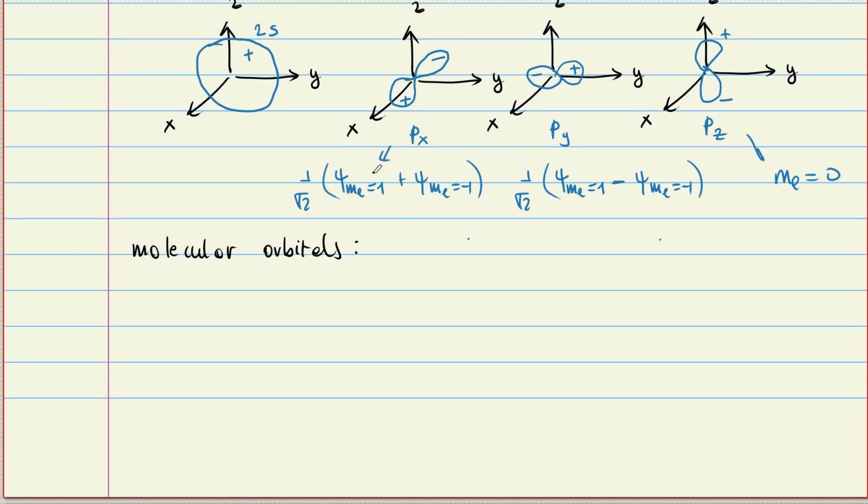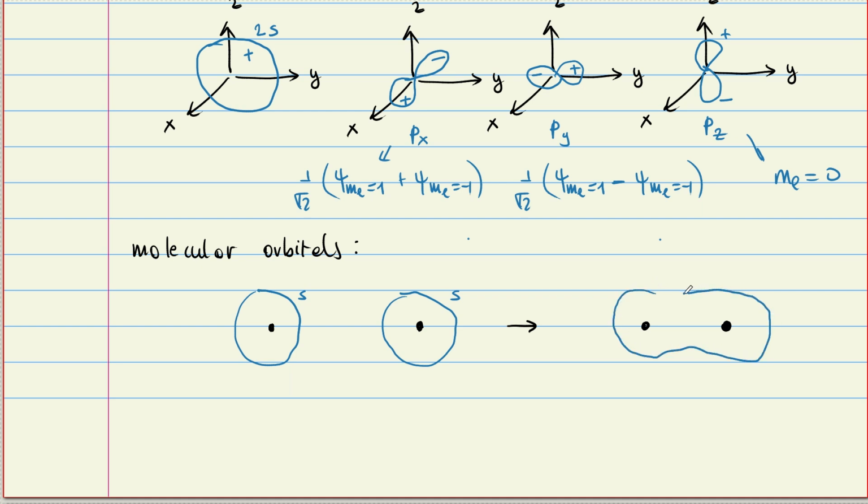For example, I can consider bringing 2 s orbitals together. There's an s orbital here and another s orbital here. So this is 2s, this is another 2s, and they turn into some elongated sphere.